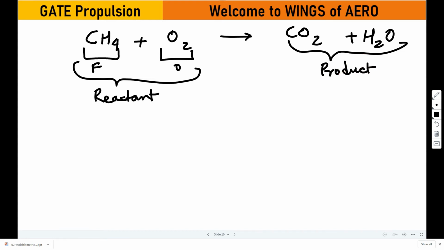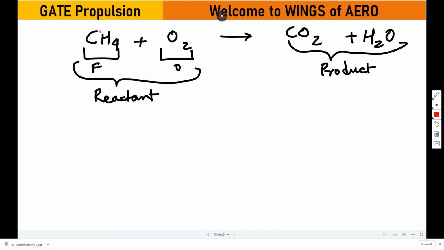Okay, now here in this question, let's find out what the amount of fuel and air will be. Okay, and how to find out? First step, always when they give some kind of equation, you need to balance the equation. How to balance? It's quite simple.